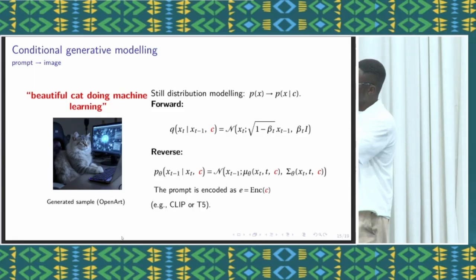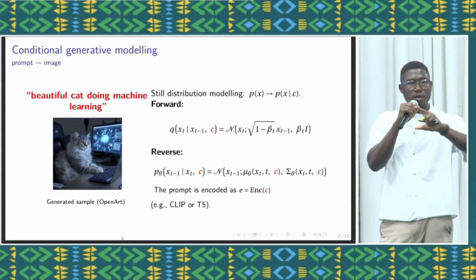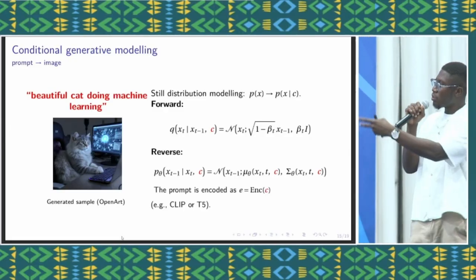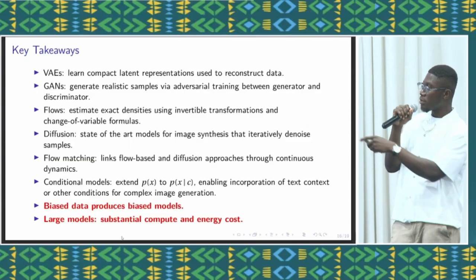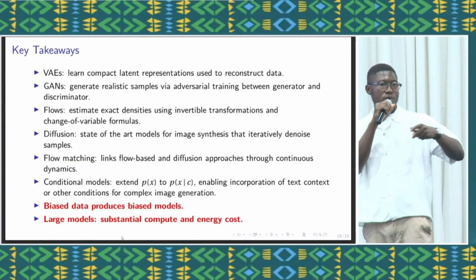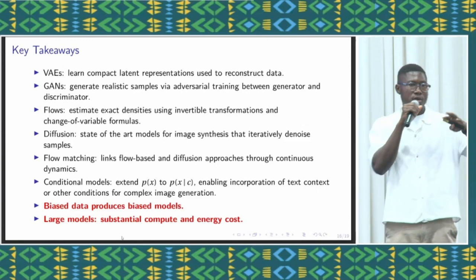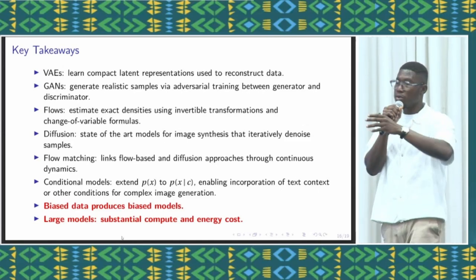So we can train an encoder that goes from the space of text to a numerical space. Then we can use it to learn the reverse process. But I will not go deeper into how to encode the text. Tomorrow's session on large language models will show us how we can encode from text space to numerical space.